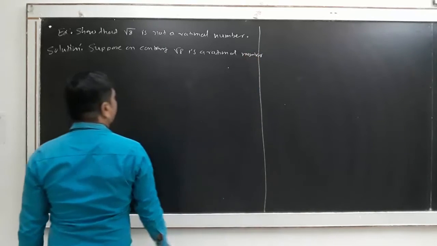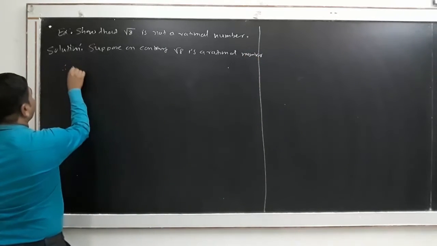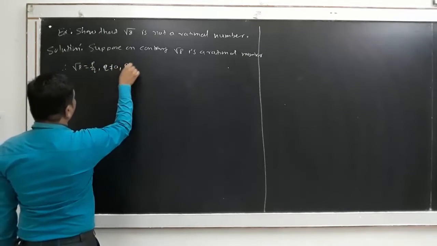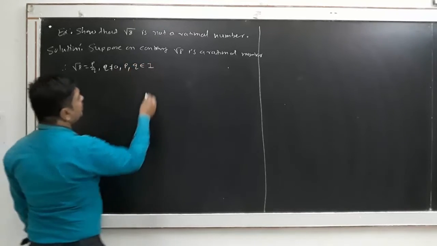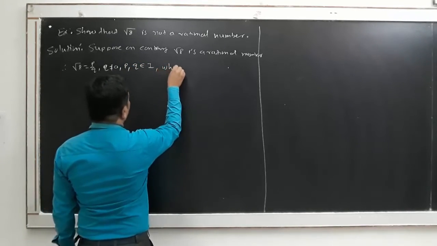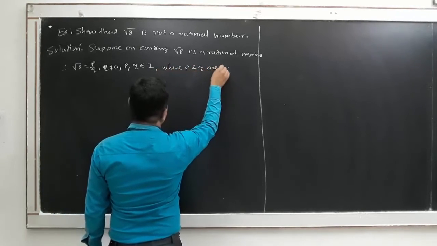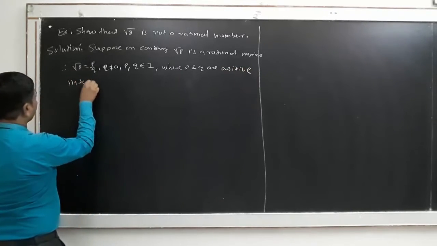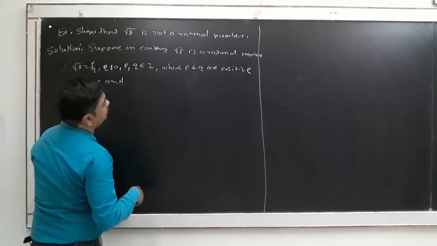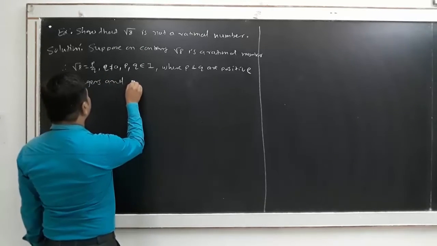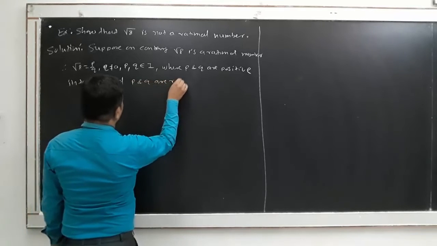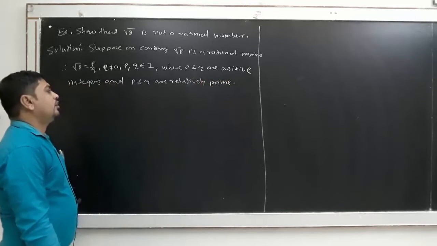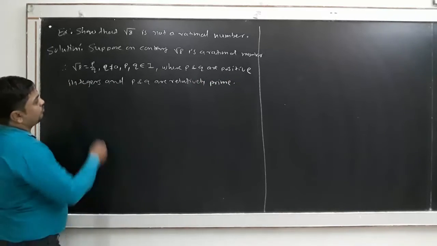Therefore root 8 is equal to P by Q, where Q is not equal to 0, P and Q are positive integers, and P and Q are relatively prime. Okay, in the same problem we are solving.